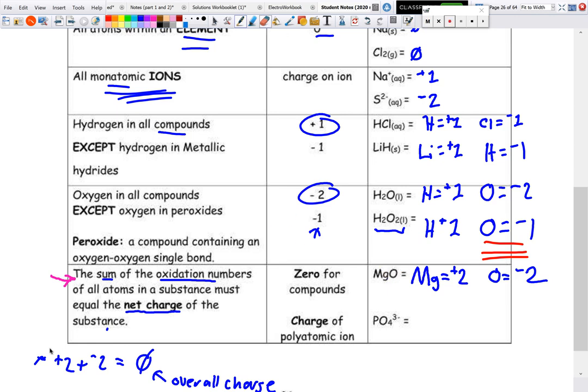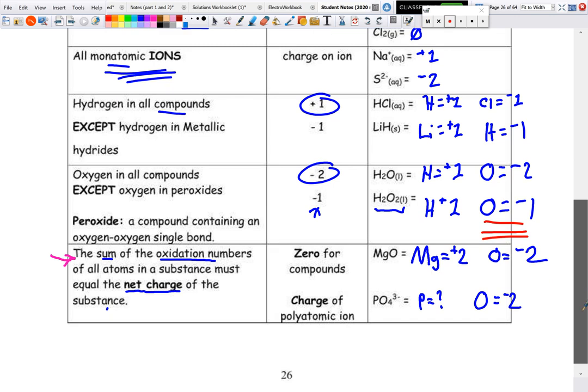Now, as for our other one here, our phosphate ion, phosphorus we don't know, but oxygen we know has a negative 2 charge. In order to figure out what phosphorus is going to be, we will need to use a little bit of algebra.